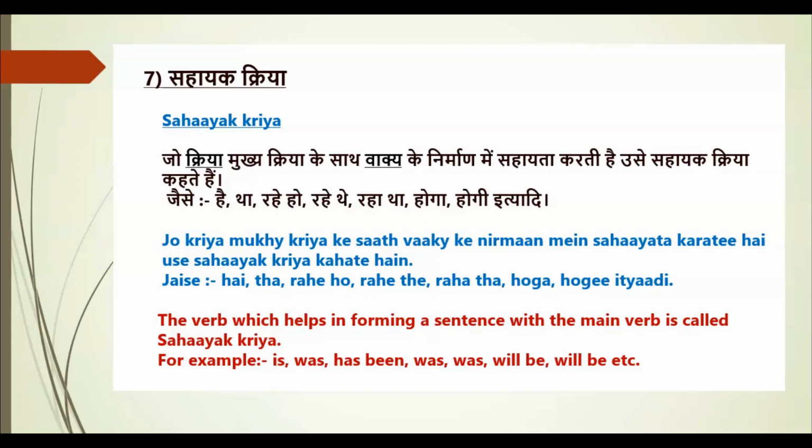This means the verb which helps in forming a sentence with the main verb is called sahayak kriya. For example, is, was, has been, will be, etc.